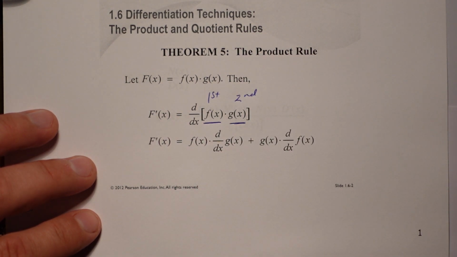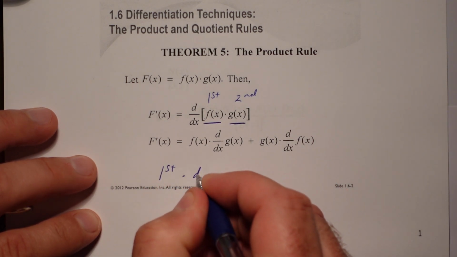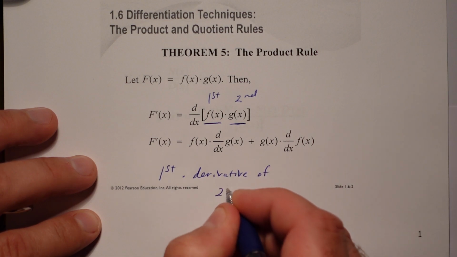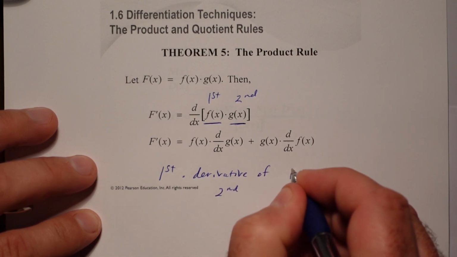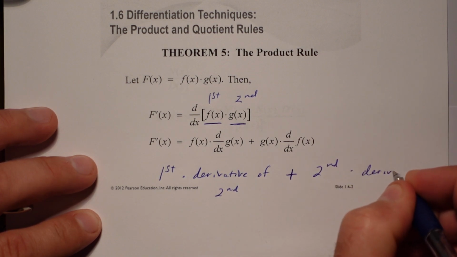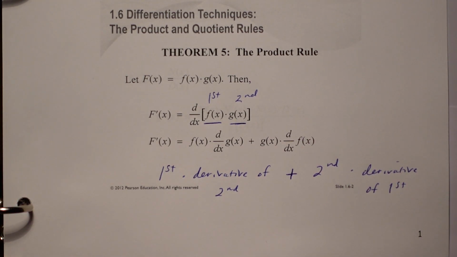And so the product rule tells us to take that first times the derivative of the second, and then we add the second times the derivative of the first. And again, when I'm saying the first and the second, I'm just talking about the individual factors that make up the overall function. And we'll go ahead and illustrate that with our first example.